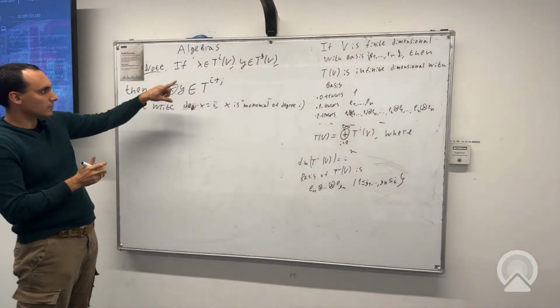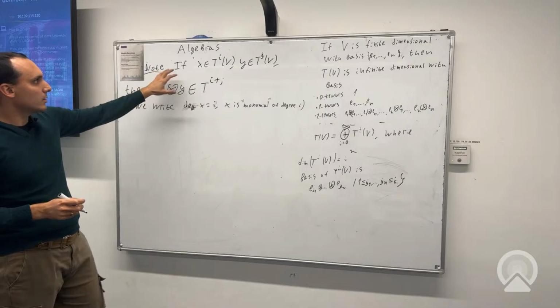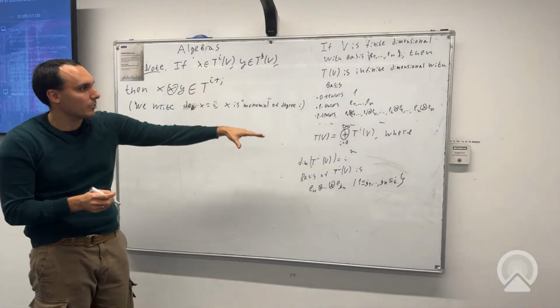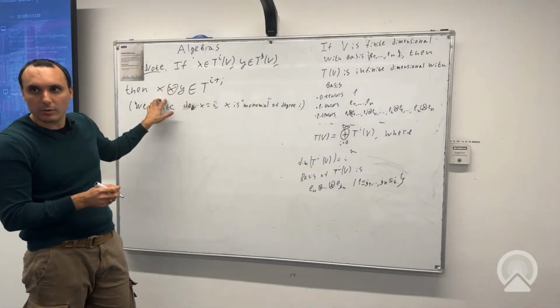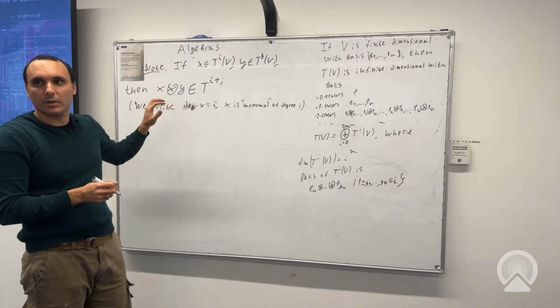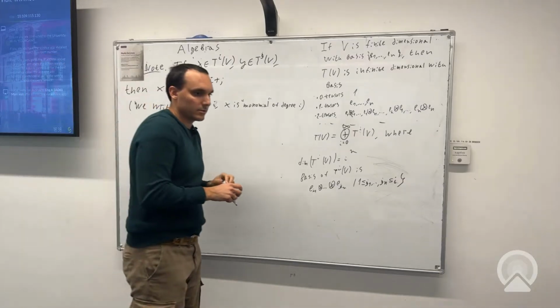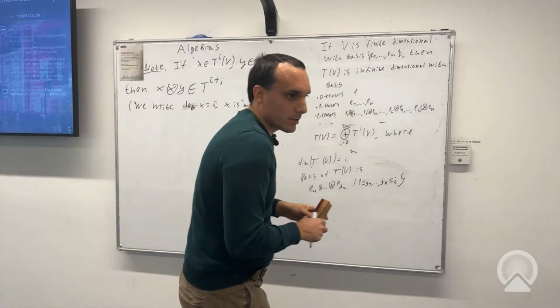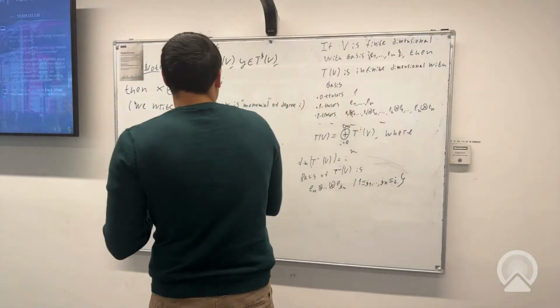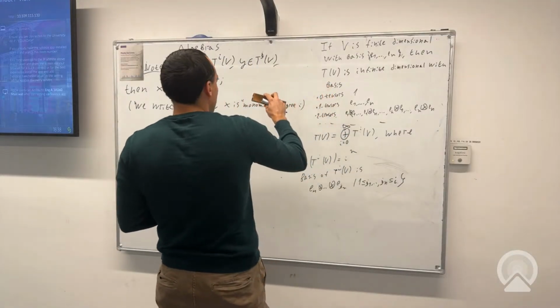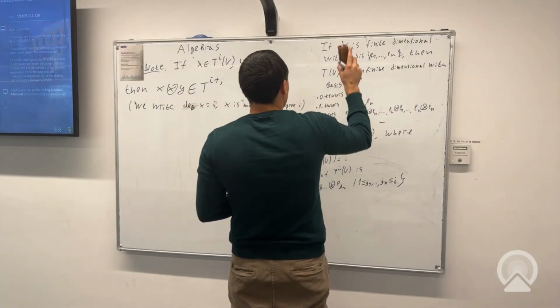And algebras that have that decomposition and that property are called graded algebras. And graded algebras are needed to define the exterior algebra.